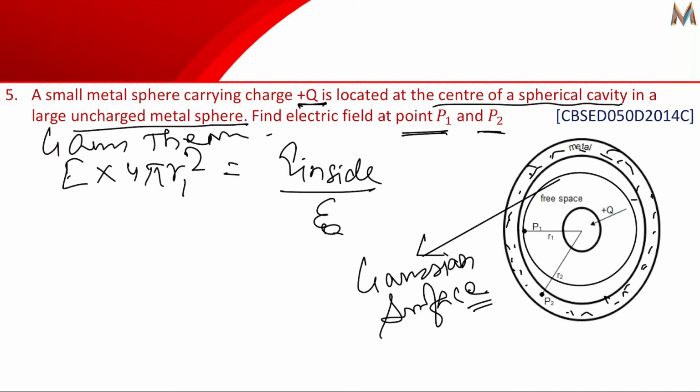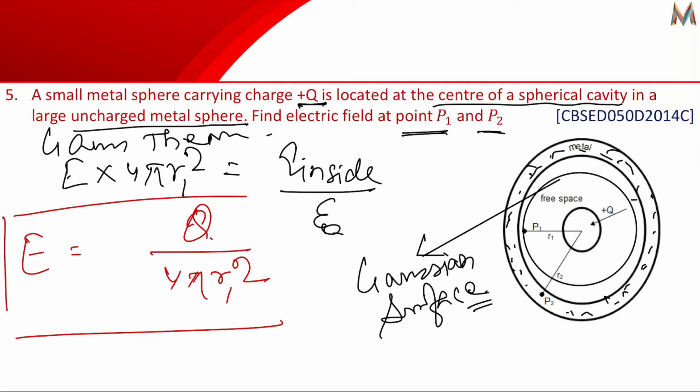So from that E equals Q upon 4 pi epsilon naught r1 square. This will be the electric field at point P1.